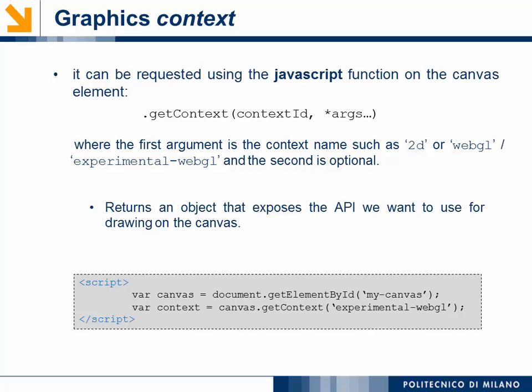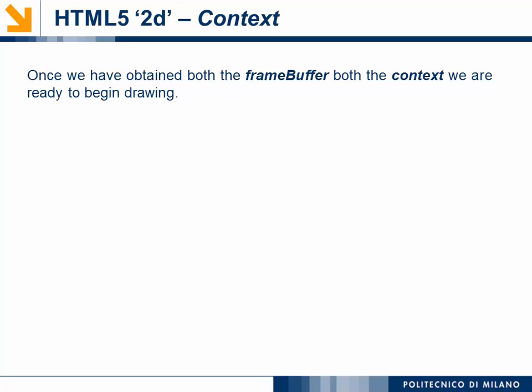The name experimental-webgl has been kept for backward compatibility. Now the API is fully complete, so it's no longer experimental at all, but some browsers prefer that you ask for experimental-webgl and not directly webgl as a context type. Now we have a frame buffer, we have a context, and we can begin to draw.